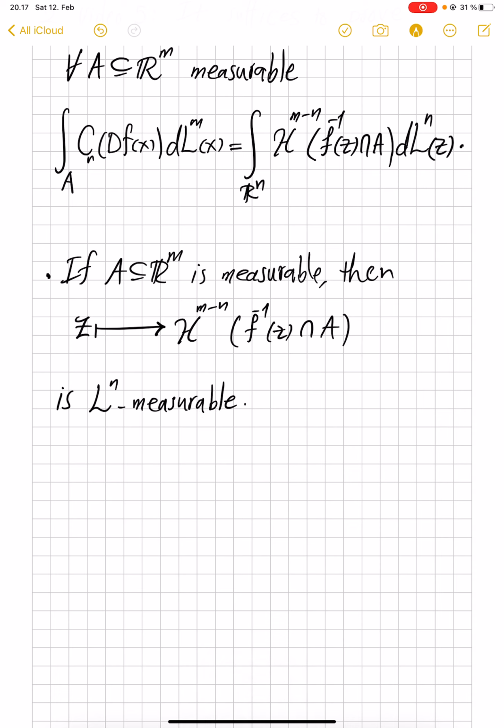Which makes the right-hand side here well defined, because now we know it's an L^n measurable function.